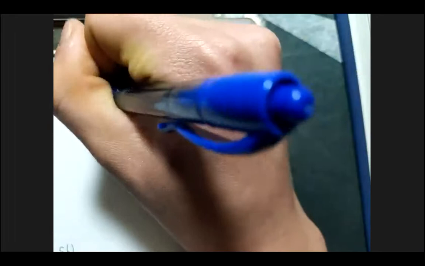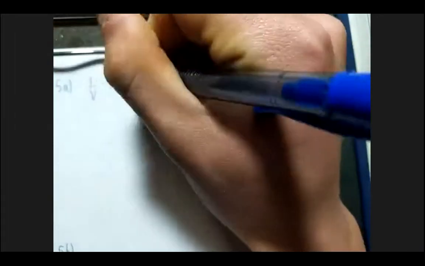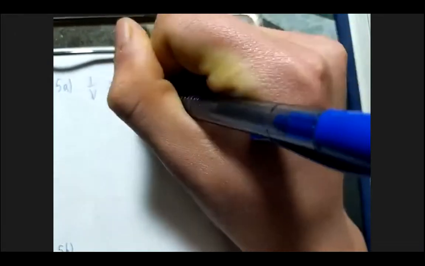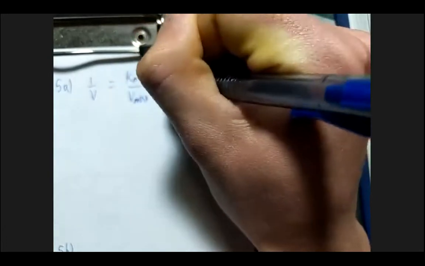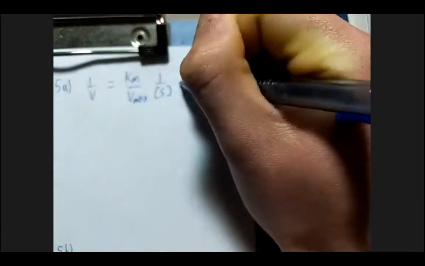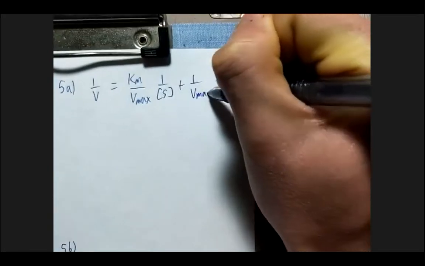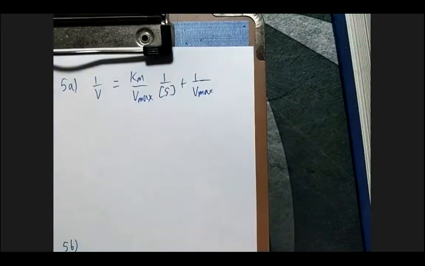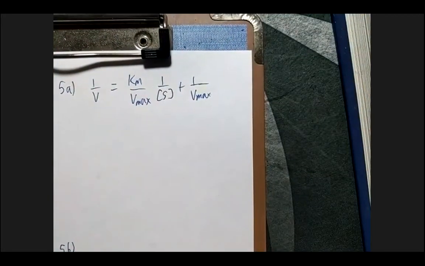So question 5 is another example of a Lineweaver-Burk plot, but this time you're doing some numerical calculations with it. As a refresher, the Lineweaver-Burk plot is used to determine values in this linear equation, where the y-intercept will be 1 over Vmax and the slope will be Km over Vmax.